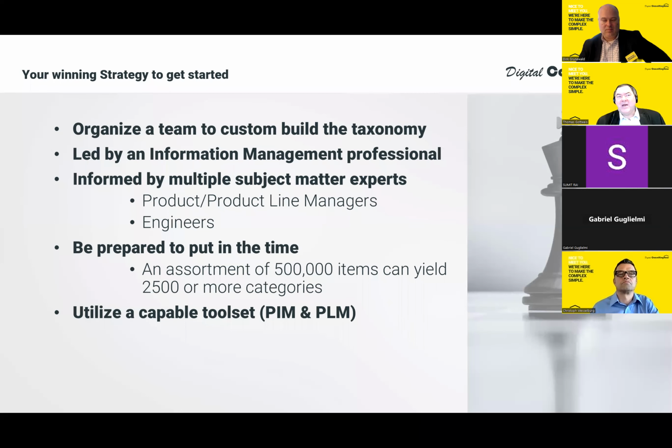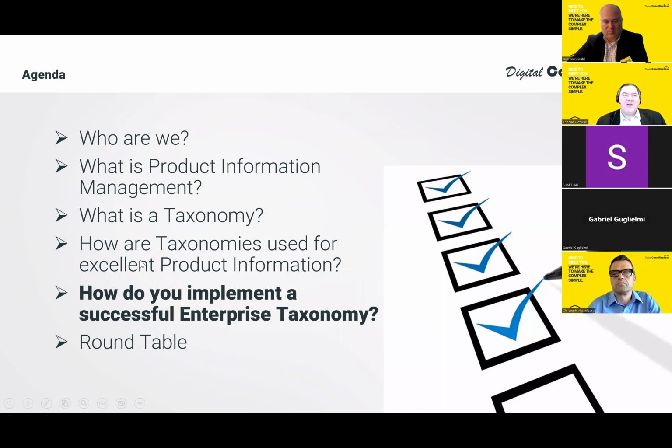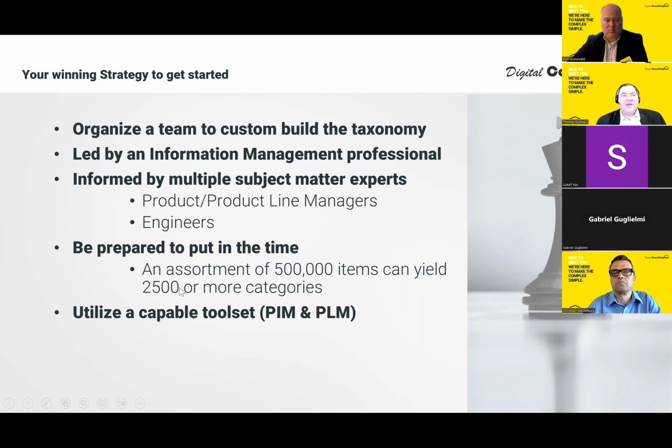Be prepared to put in some time. A lot of assortments can be 500,000 items, sometimes millions of items in larger distribution businesses. In one organization, for example, that I was involved with, we had about 500,000 active items in the assortment, and that yielded about 2,500 separate categories that we needed to define.